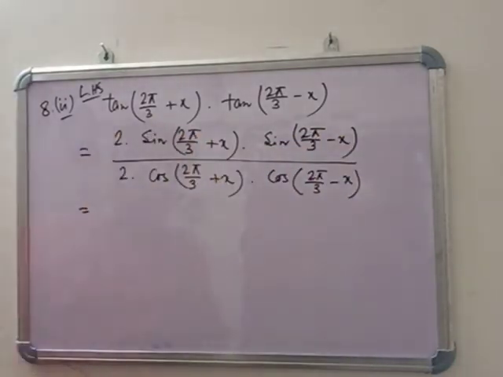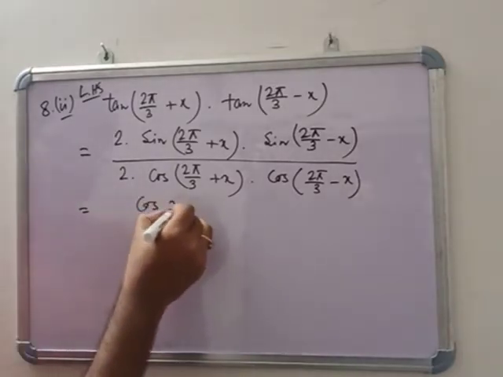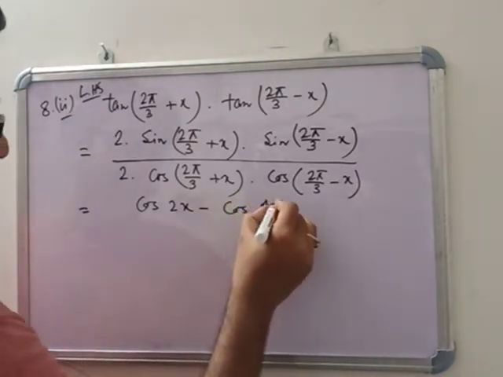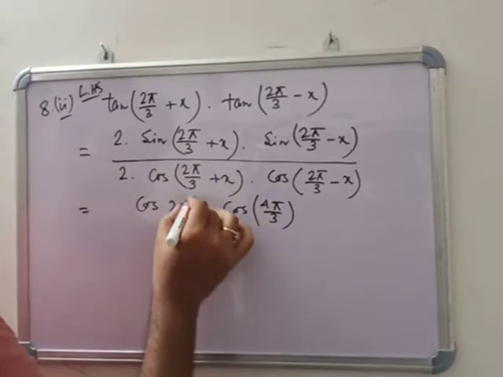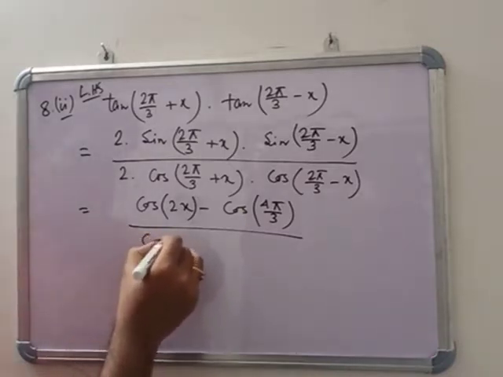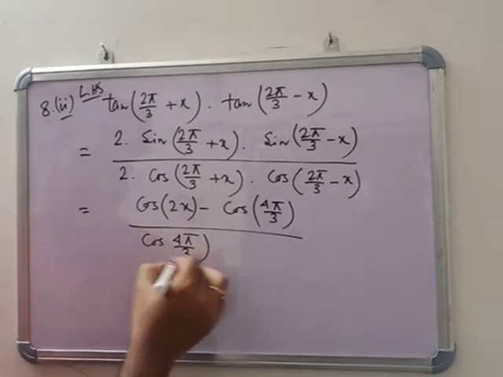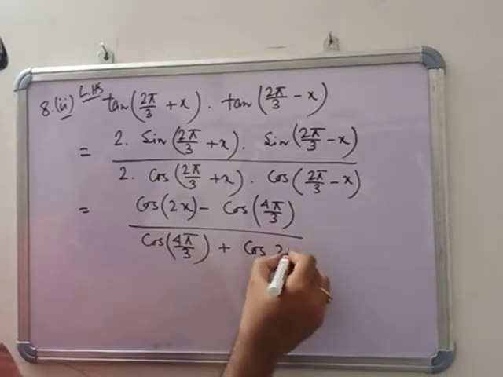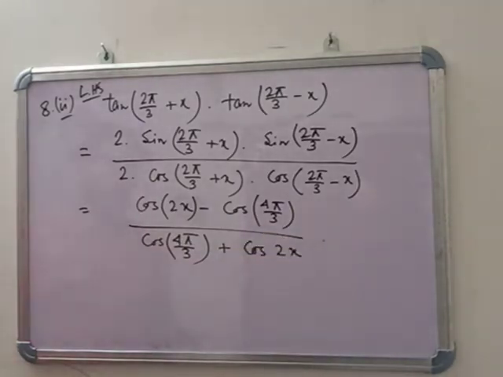So 2 sine A sine B, that means cos of 2x minus cos of 4 pi by 3, and 2 cos A cos B, that means cos of 4 pi by 3, okay, plus cos 2x. Now cos 4 pi by 3, that means pi plus pi by 3, so that means minus half.